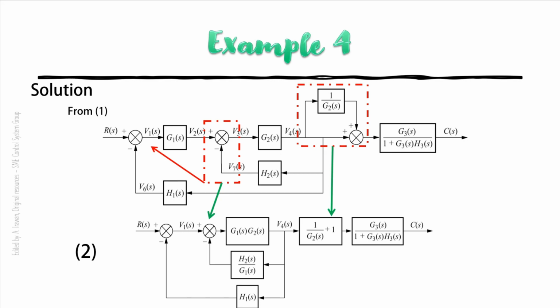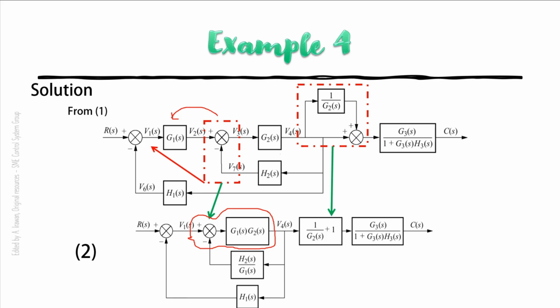Like this one, we adjust the summing junction to the back of the G1. Because when we adjust to the back, then we can multiply G1 with G2. And then we straightly multiply with the G2.